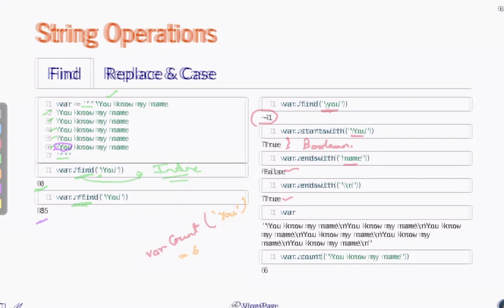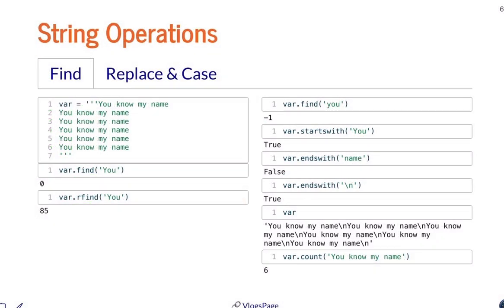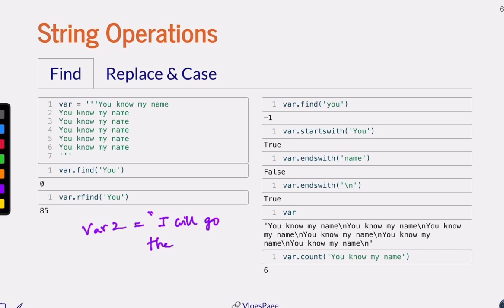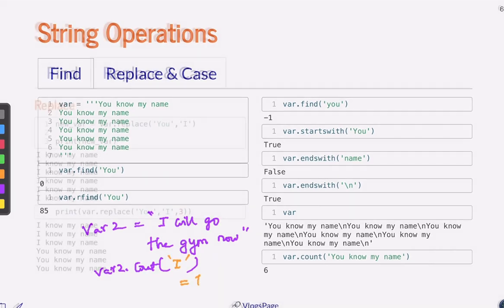Similarly, let's declare a new variable here, var2: "I will go to gym now". When I use var2.count and then give "I", the output will be 1.